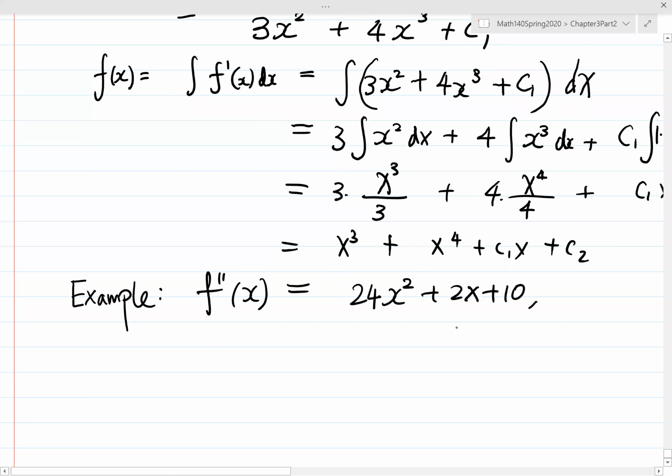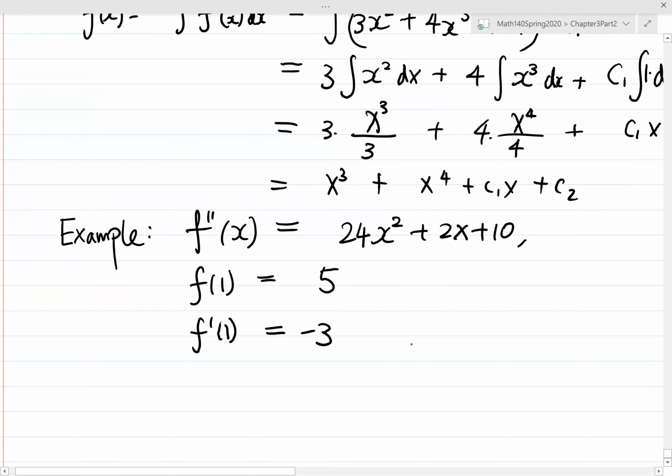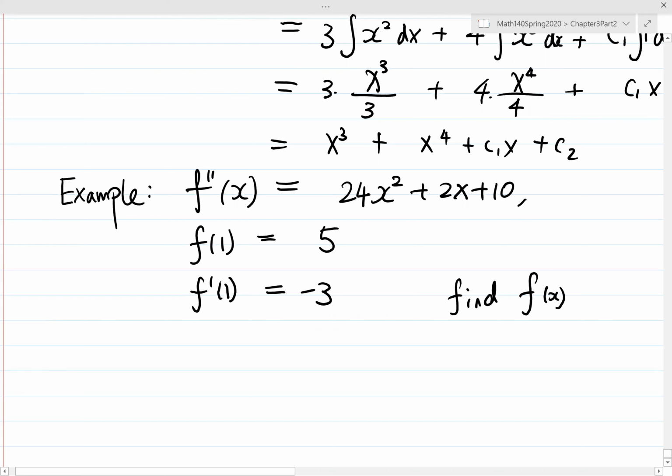We know f of 1, the function value at 1, is 5. F prime at 1 is negative 3. So we want to find f. We need to find f of x. From the second derivative, we first find the first derivative, f prime, by antiderivative. So f prime is the antiderivative of the second derivative.